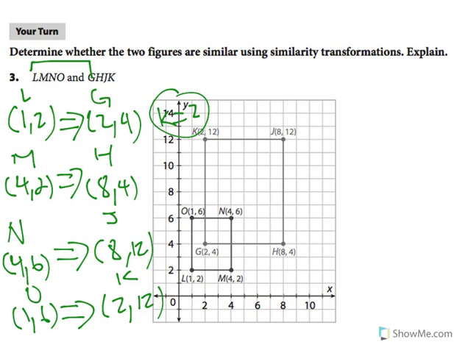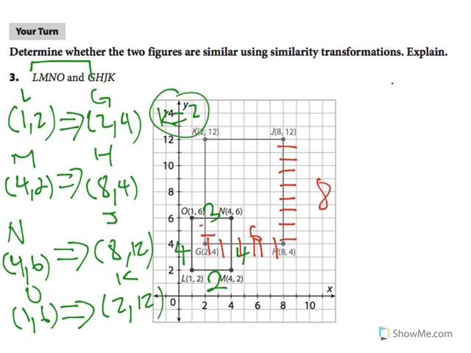and let's see if the distance will work. Right, so then from L to O is 4, this is also 4, and L to M is 3, and this is 3. So the distance for the larger quadrilateral should be double. Right, so here we have 1, 2, 3, 4, 5, 6. And here we have 1, 2, 3, 4, 5, 6, 7, 8.